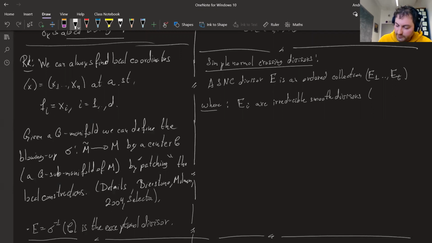At least for now, since we didn't define what ideal sheaves are, we can just think of them as smooth hypersurfaces.